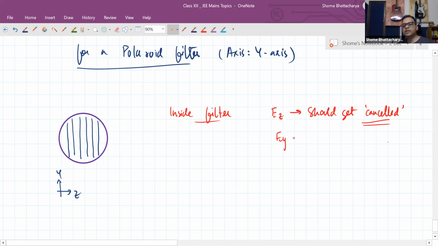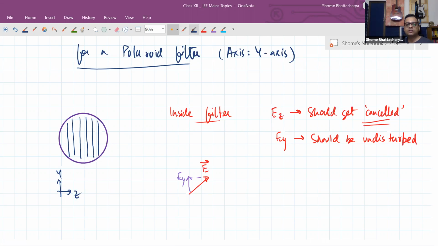Whereas the Y component of electric field should be undisturbed. Okay. So in other words, if I'm generating an electric field by some external effect like this, what should survive is only this. Only the Y component should survive. The Z component should disappear.